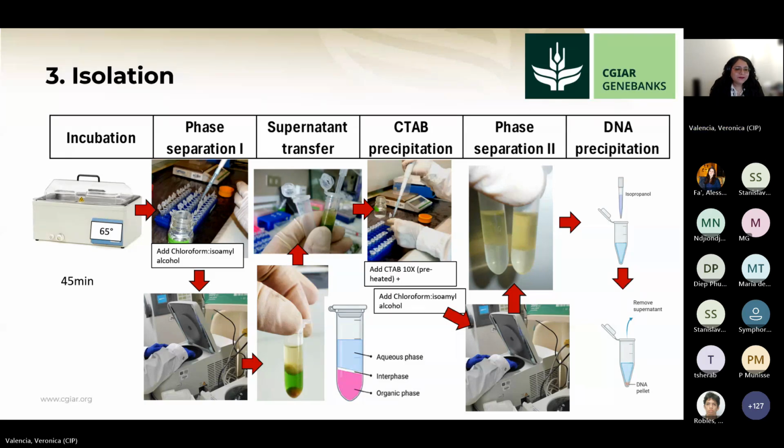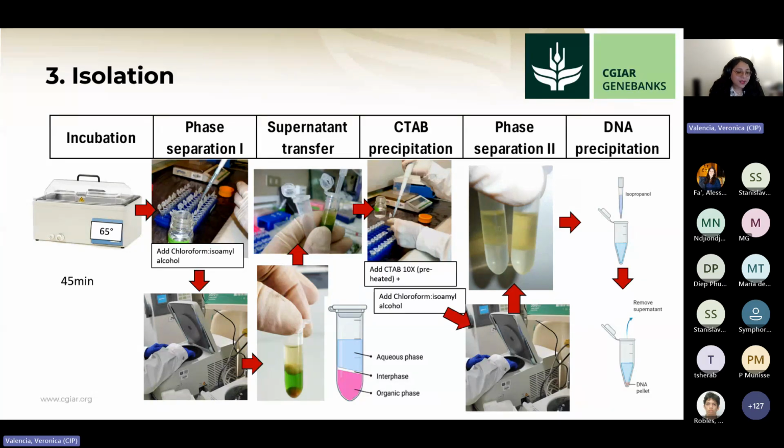So after that, we take it from this machine and we let it cool off because it's hot. After a little bit of cooling off, we add the chloroform isoamyl alcohol and we put it in the centrifuge. And this is the important part, that we have a tube here with the phases.